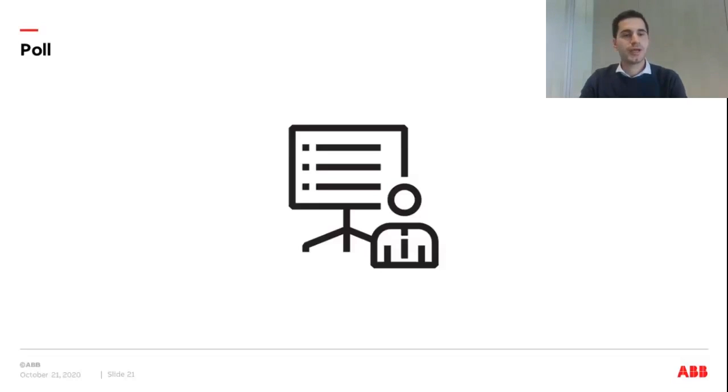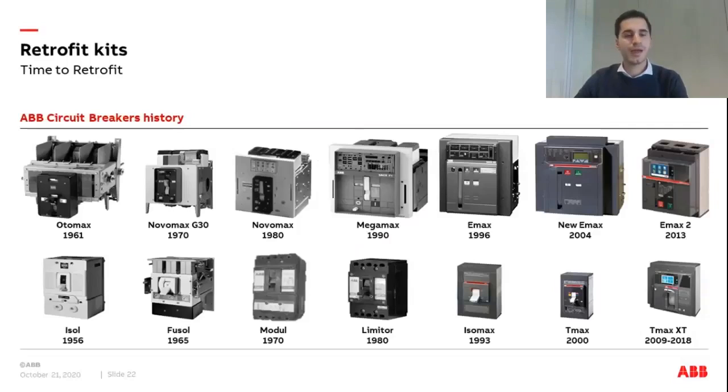So we can go ahead, and I would like to start with this slide that shows a piece of history of our division. In the first timeline, you can see the air circuit breaker from the oldest one, the Automax, launched in 1961, to the Emax2.